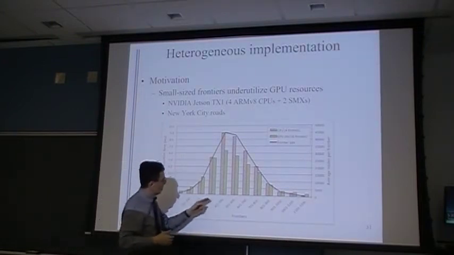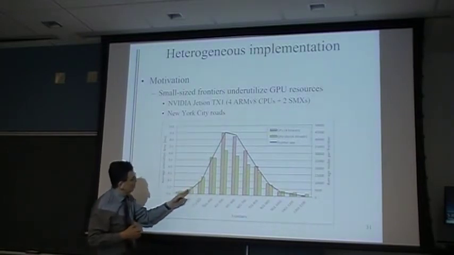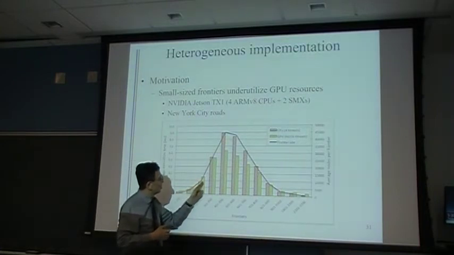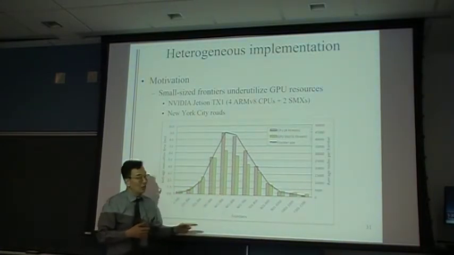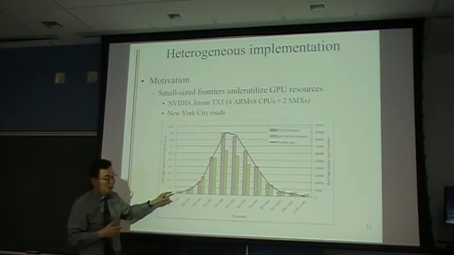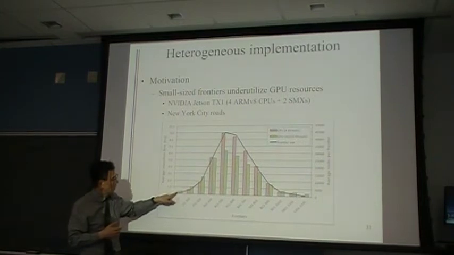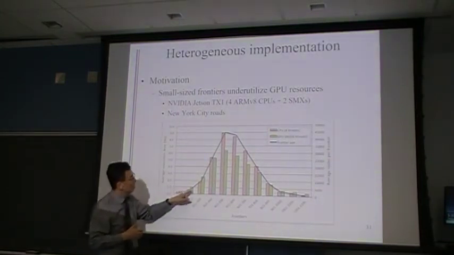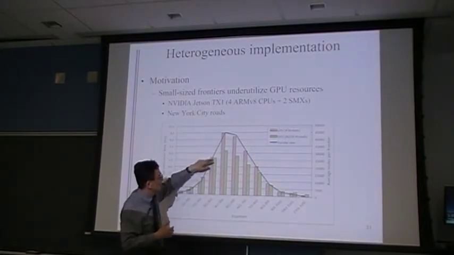So this is showing what happens if you use the CPU to handle all these frontier nodes, versus using the GPU, shown in green, to handle each of these frontiers. You have a different time, right? For small frontiers, you see that the CPU actually has a shorter execution time. But as soon as the frontiers grow big enough, the GPU will begin to have shorter execution time.